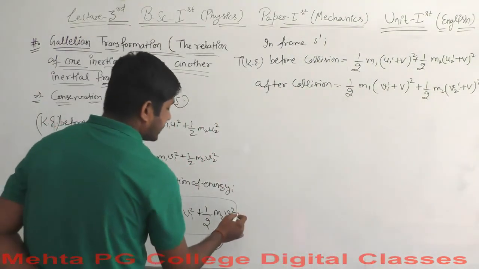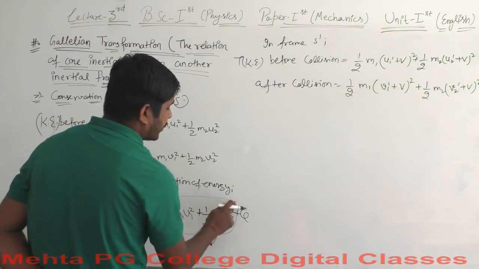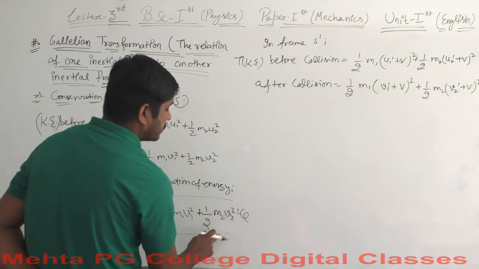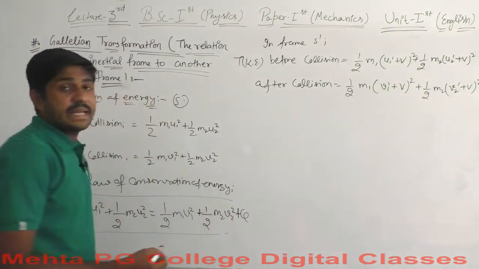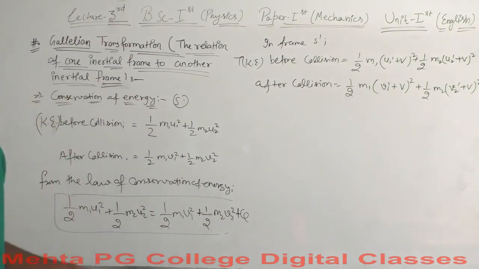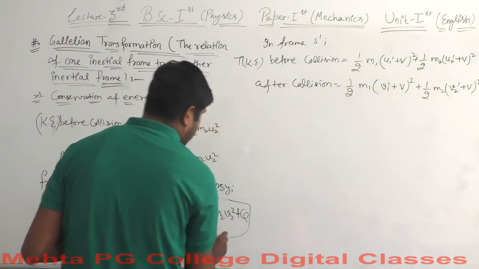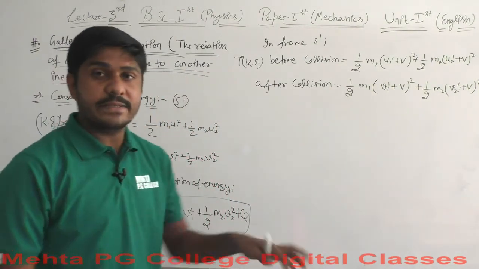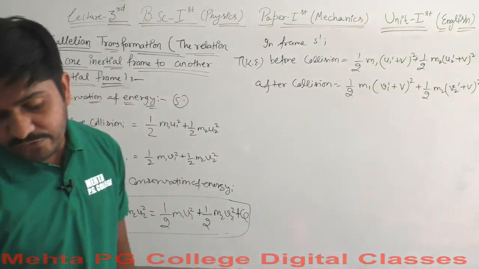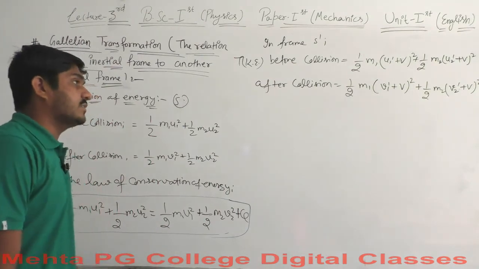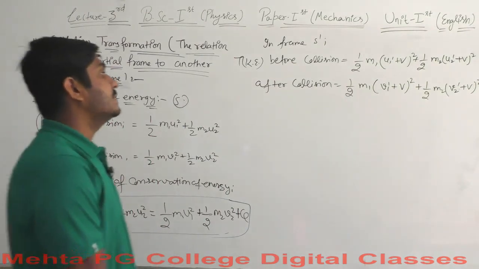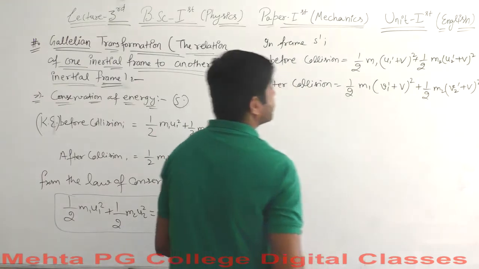Let's say if there is any other energy factor, say Q. Q is the energy which is emitted or exerted in the form of collision. Every time there is a collision, energy may be emitted in the form of free energy. So this is the free energy here. After collision we have this value equal to this.